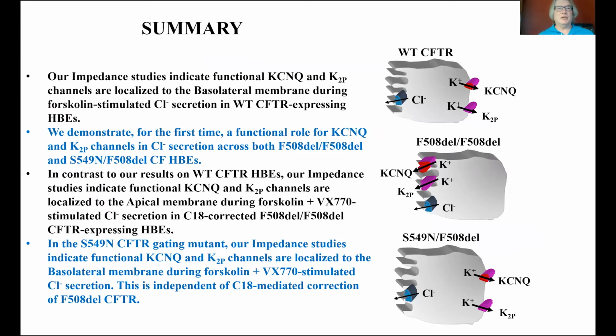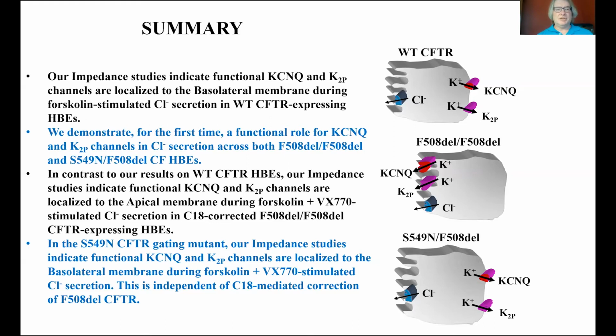So in summary then, our impedance studies indicate functional KCNQ and 2-pore potassium channels are localized to the basolateral membrane during forskolin-stimulated chloride secretion in wild-type CFTR-expressing HBEs. We demonstrate for the first time a functional role for KCNQ and K2P channels in chloride secretion across both homozygous F508del patient samples, as well as in a gating mutant S549N.